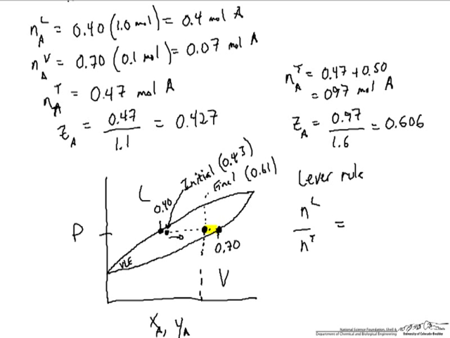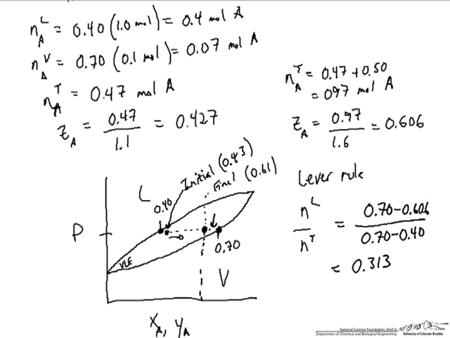And so that length is equal to 0.7 minus 0.606. That gives us the length of that segment along the x-axis. Whereas the total is equal to 0.70 minus 0.40. So we use the opposite side of the lever, this side right here, if we're interested in the liquid. If we calculate this out, I get a number of 0.31.